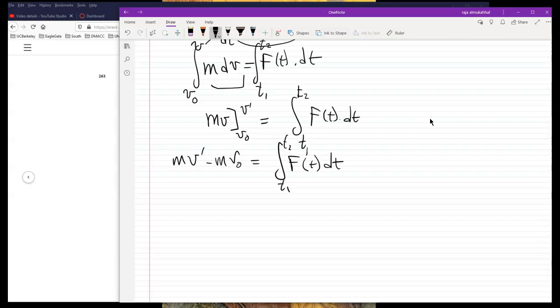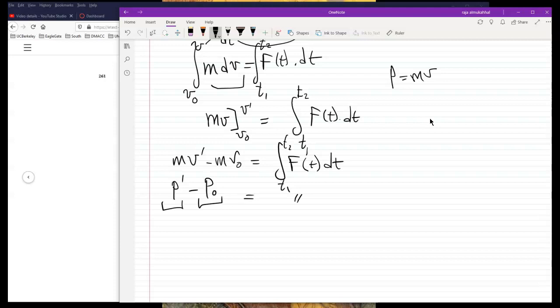Okay, so what does that mean? What does this left-hand side mean? Well, remember we said that momentum is equal to mv. So this one is basically p prime minus p naught. In other words, the final momentum minus the initial momentum is equal to this integral.